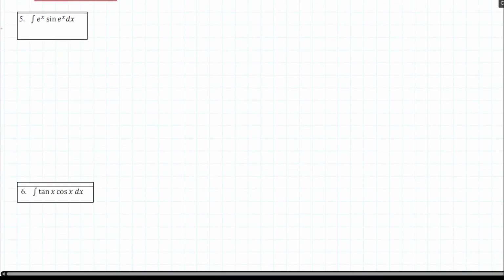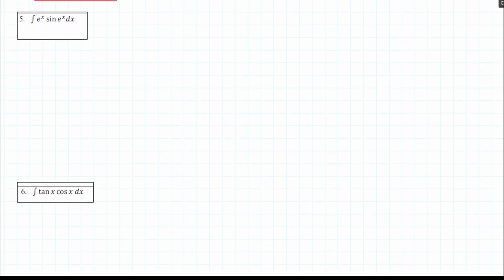Let's move to the next problem. So here you can see integration of e power x sine e power x. You can see the sine and e power x. The inner function is e power x, and its derivative is available outside. So you can choose u equal to e power x. Then the derivative is also e power x dx. So therefore du over e power x equal to dx.